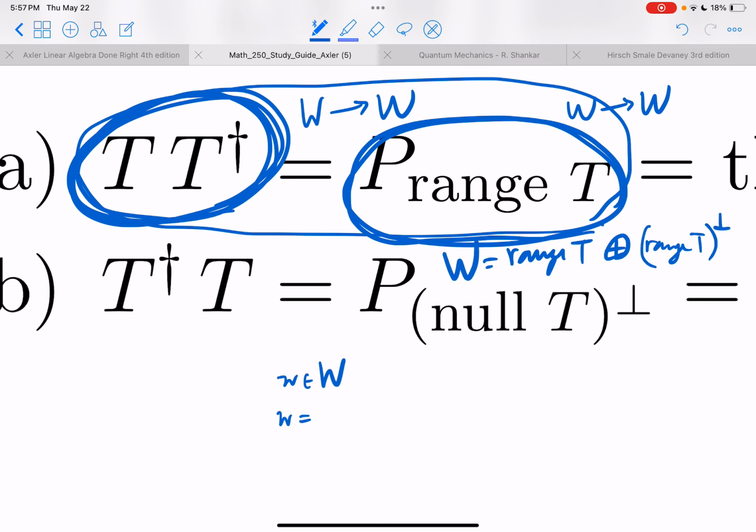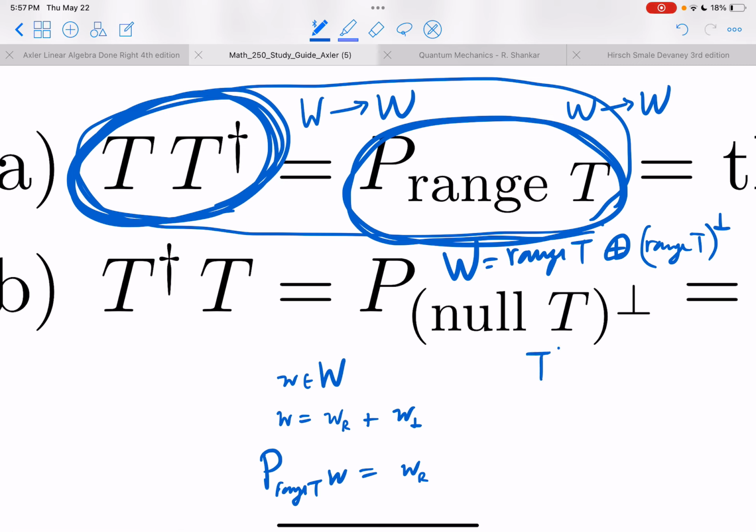That is all of W. And so here, let's put this as the part in the range, and this is the part of w in the perp space. What does the projection do? The projection onto the range of t of w is just that part. It just throws this part away, and it spits out this part. So now we just check if the other side does the same thing.